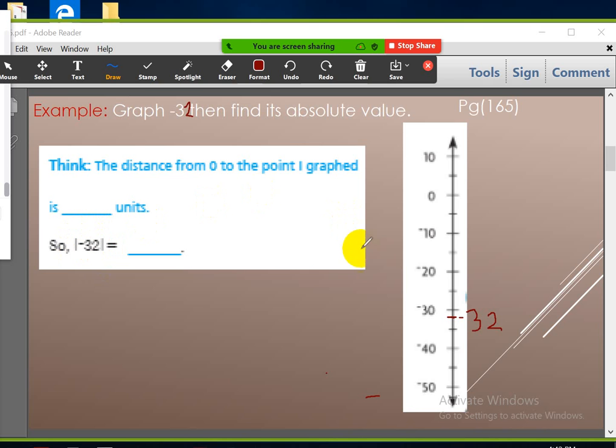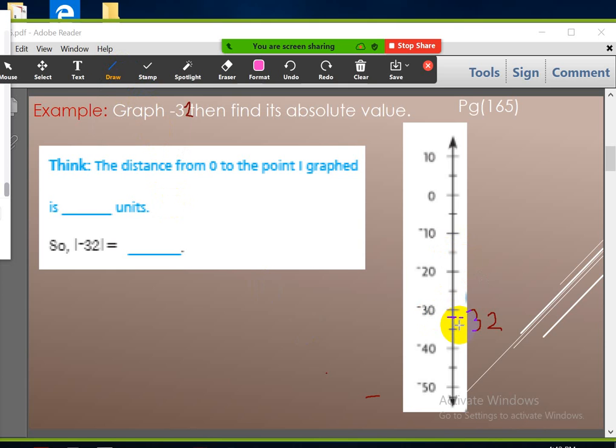Now, where is the absolute value of this number? From the definition, you have to save the definition, please. The absolute value is the distance between the number and the 0 on the number line.